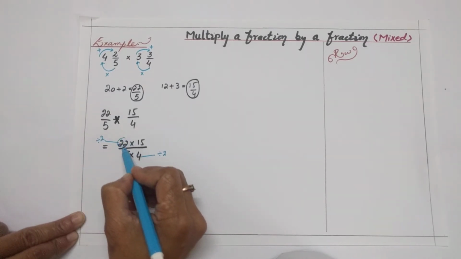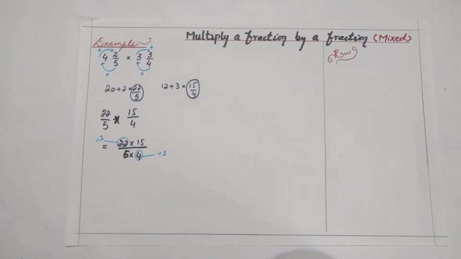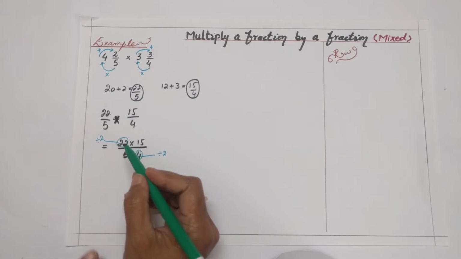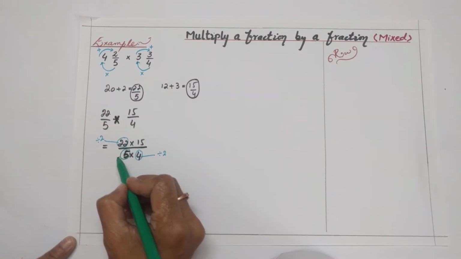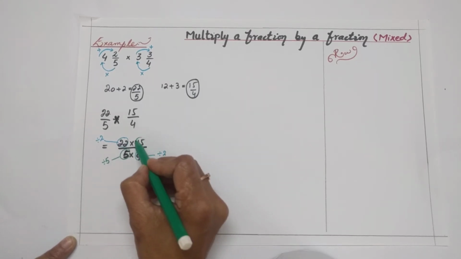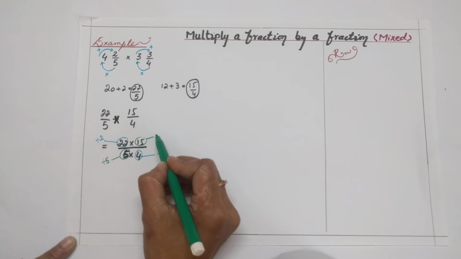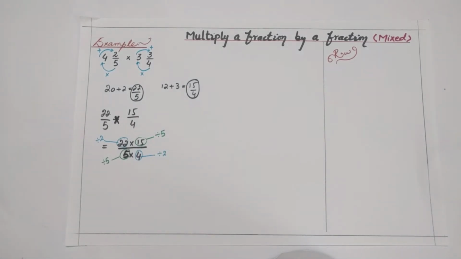But the left numerator is 15 and the denominator is 5. Is there any common factor for 15 and 5? Yes, the common factor for 15 and 5 is 5.